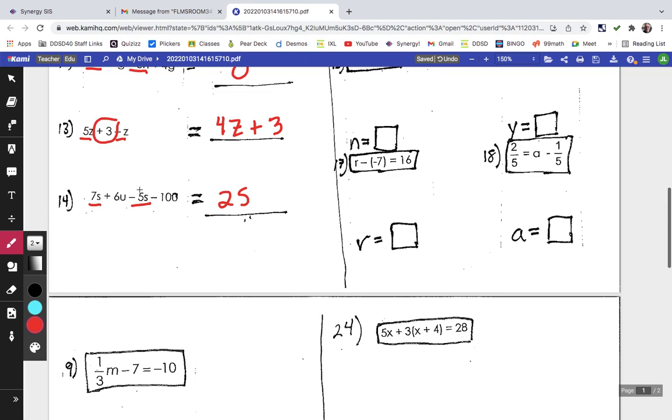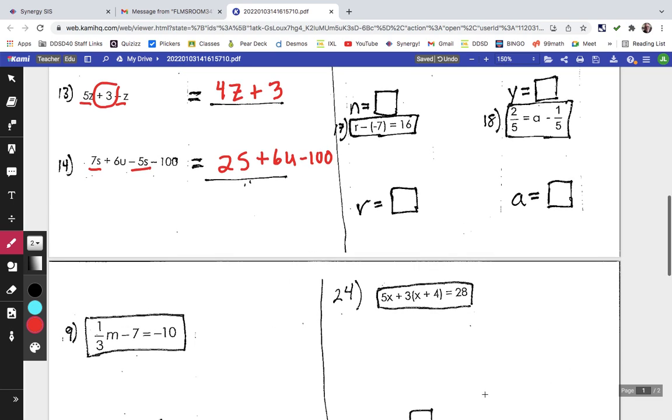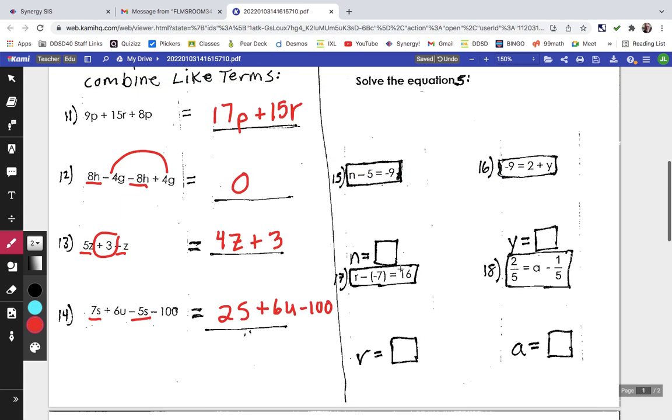We have 6 U's and there's nothing to combine with that, so that's 6U. And then it's minus 100. There's no other constants to combine with that, so 2S plus 6U minus 100. Okay, here is the next problem. I'll go over here to number 15 and zoom in and we'll work that direction.